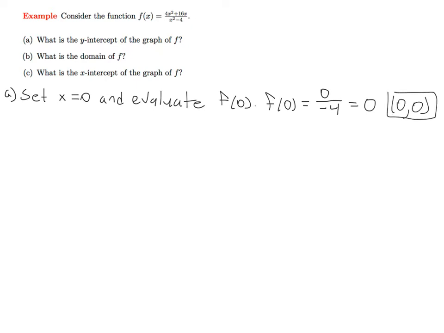To find the domain of a function, the domain is the set of all inputs. So what we can do is identify values of x where the function is undefined.